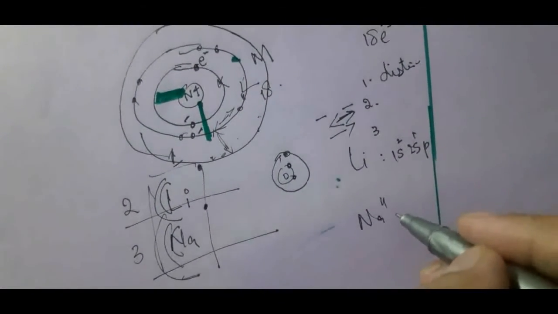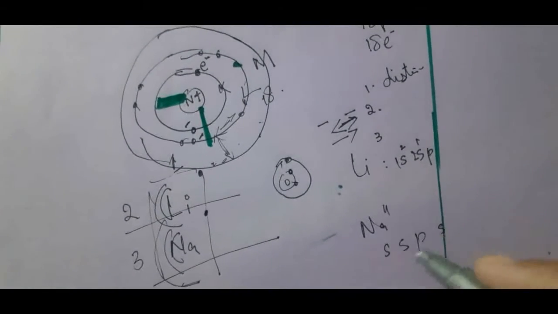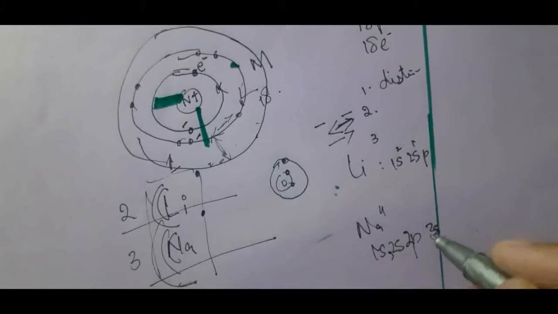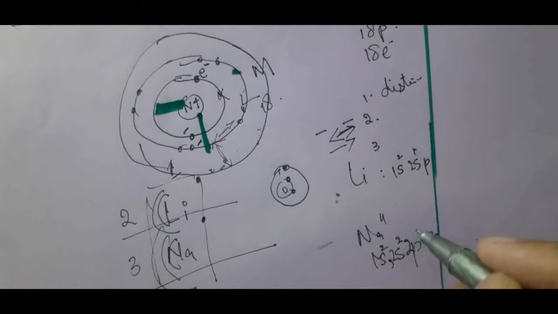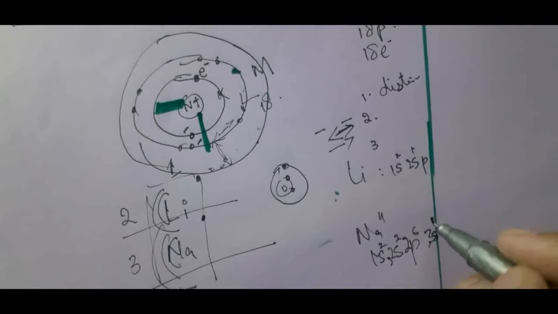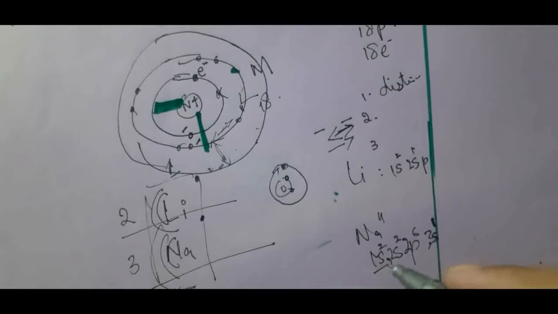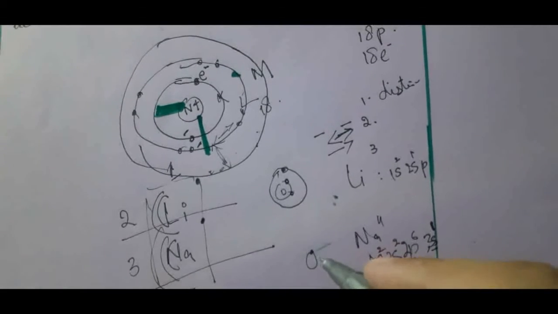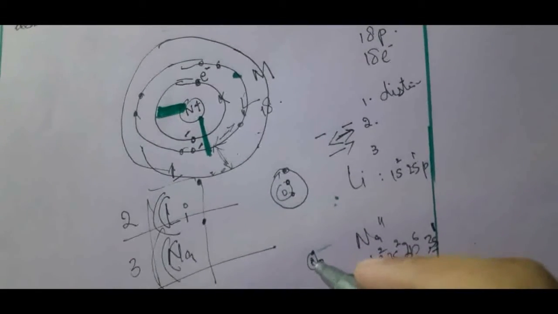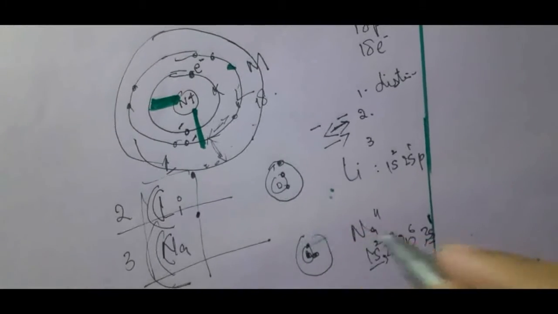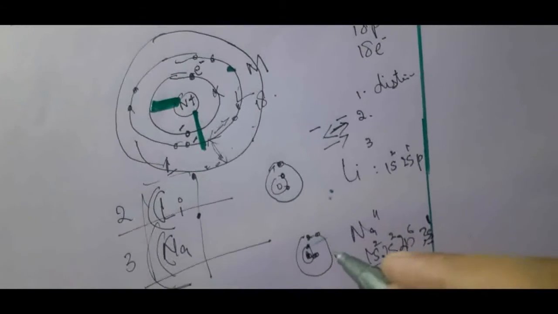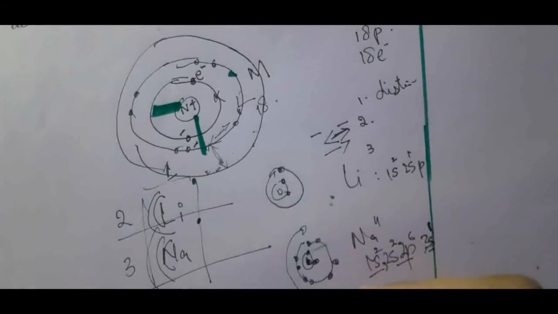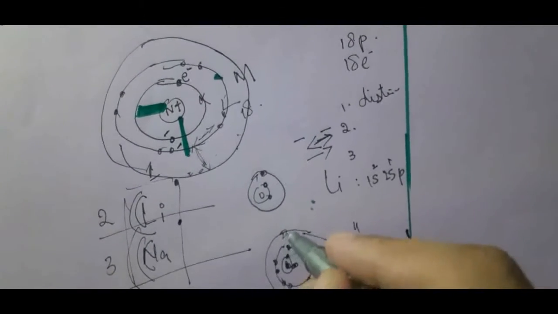Coming to our sodium, 11: 1s2, 2s2, 2p6, 3s1. Altogether 3 shells are present. In the first shell, there are 2 electrons. This is the nucleus. In the second shell, there are 8 electrons, whereas in the third shell, there is only 1 electron, right?